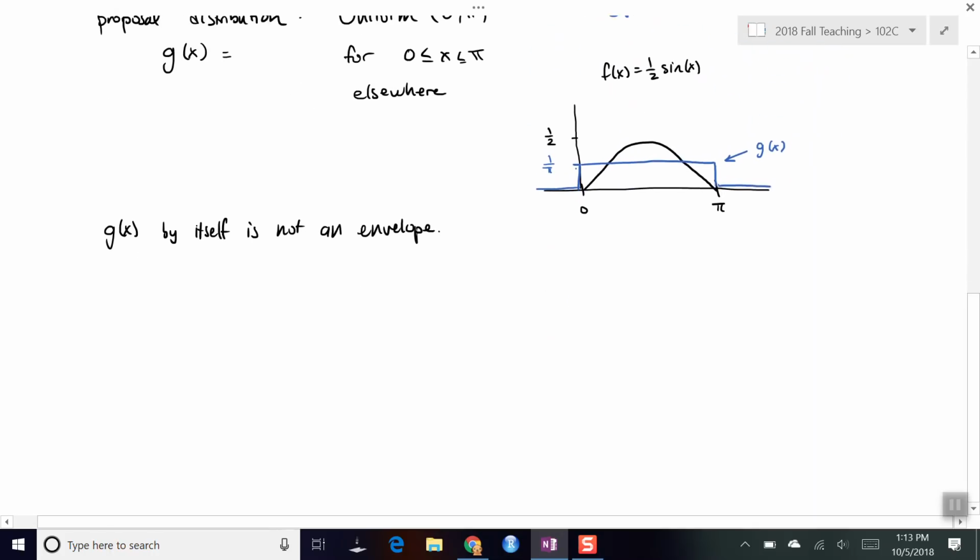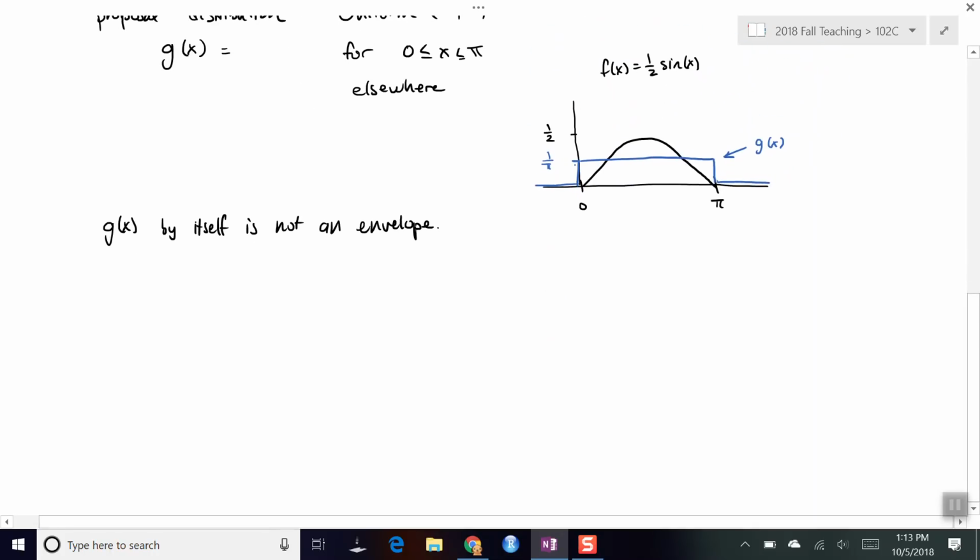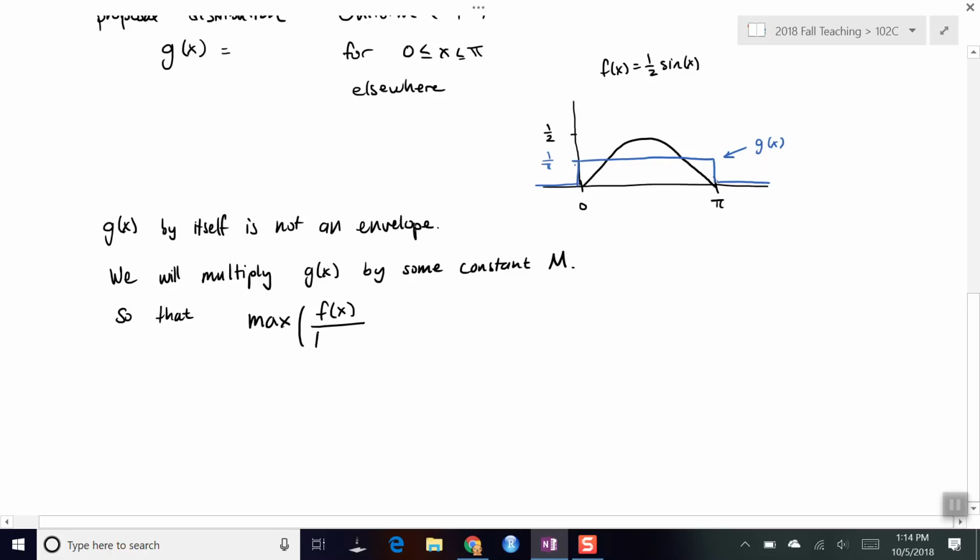So what we need to do is multiply g of x by some constant m, so that the max value of f of x divided by m times g of x will equal 1.